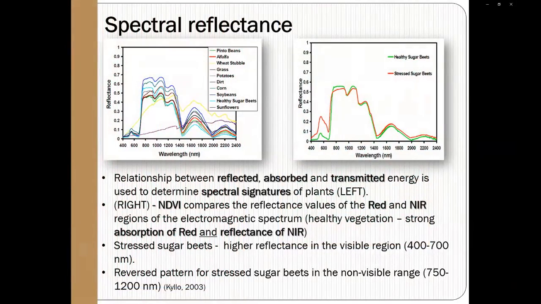The relationship between reflected, absorbed, and transmitted energy is used to determine spectral signatures of plants. This is illustrated on the left image.